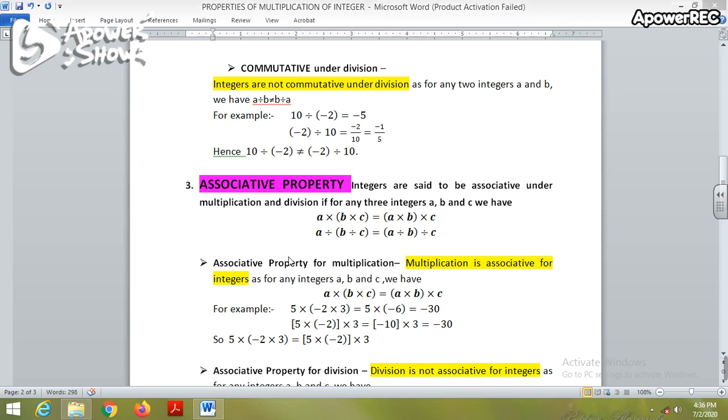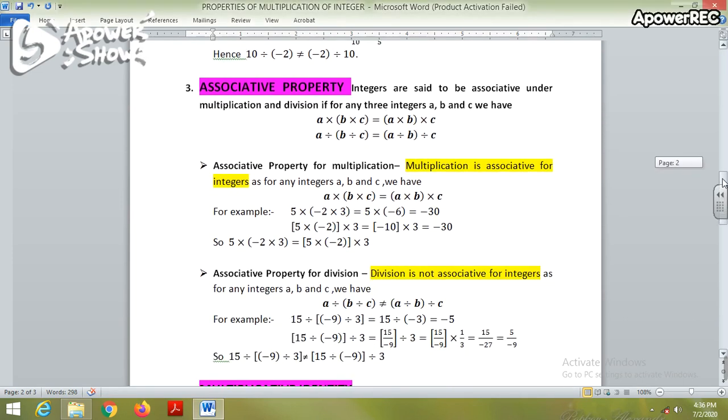So if these two conditions are satisfied for any three integers, then we can say that integers are associative under multiplication and division. So let's check whether these two properties are satisfied or not.